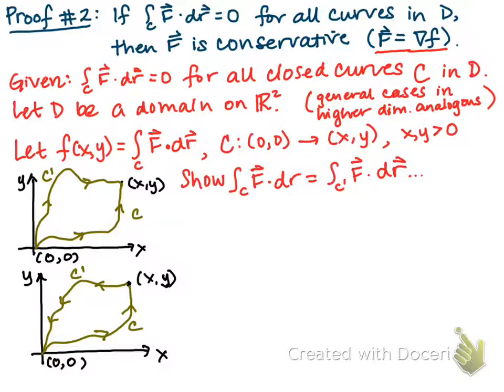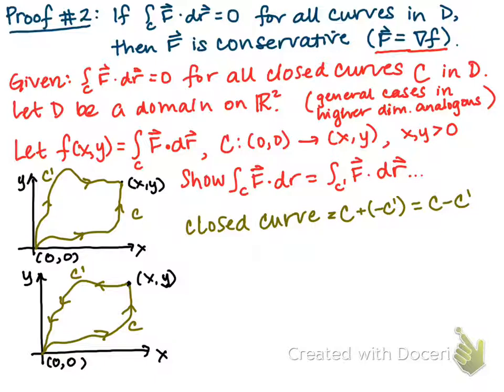So now I have a closed curve. My closed curve is C plus negative C prime, or C minus C prime.